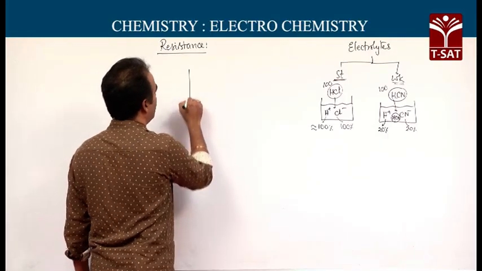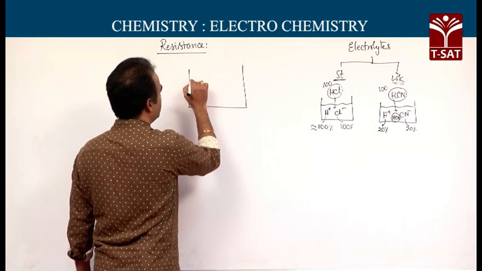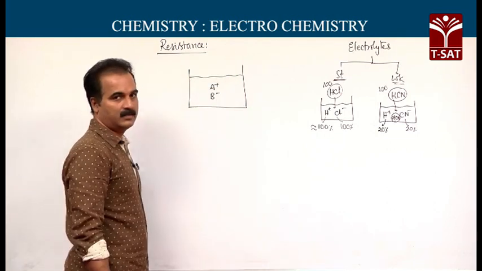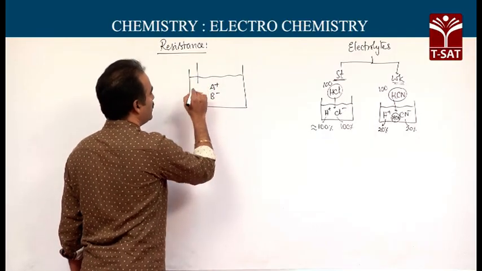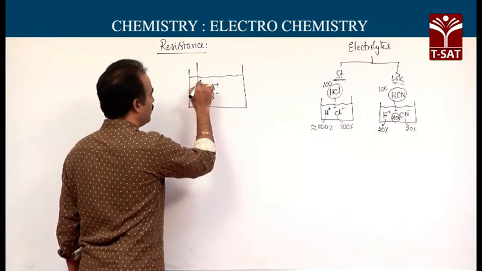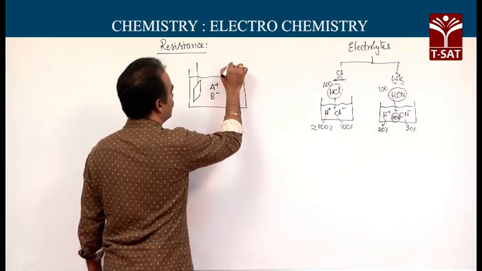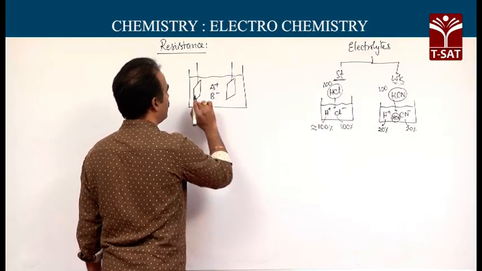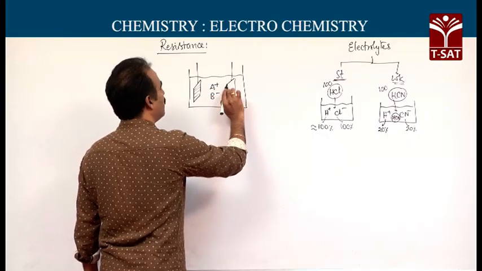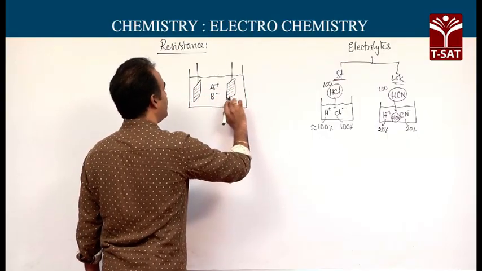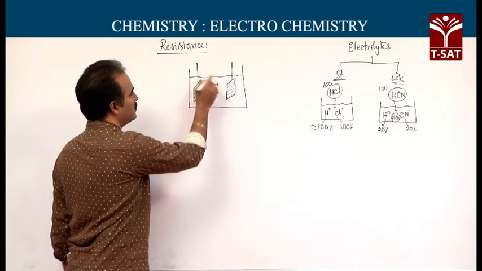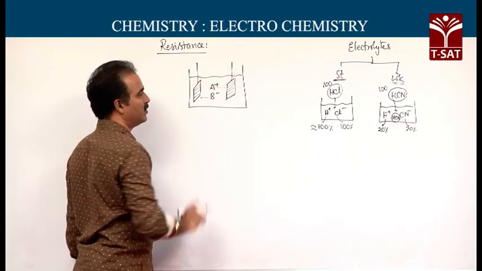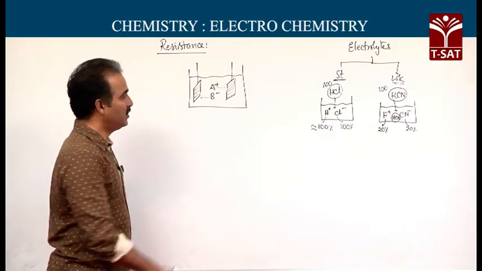For example, I am taking an electrolyte having A+ and B- ions, and I am keeping two electrode plates in the electrolyte. Now, the ions are between the electrode plates. When subjected to electrolysis, they will migrate towards oppositely charged electrodes.